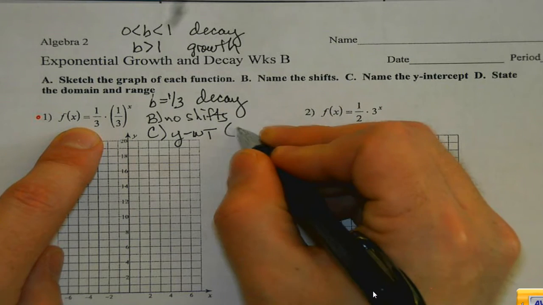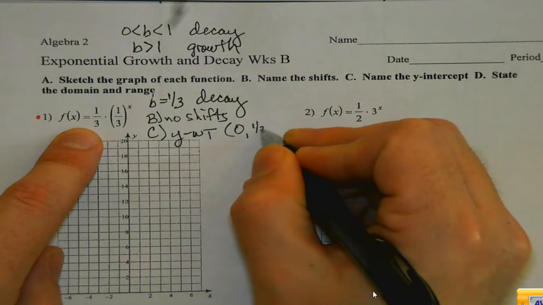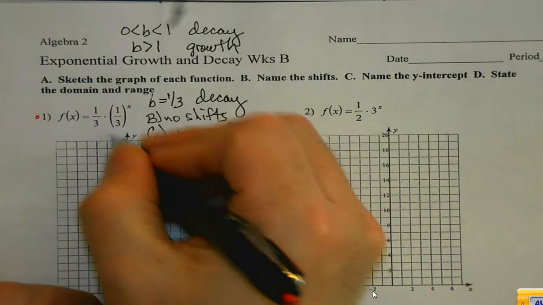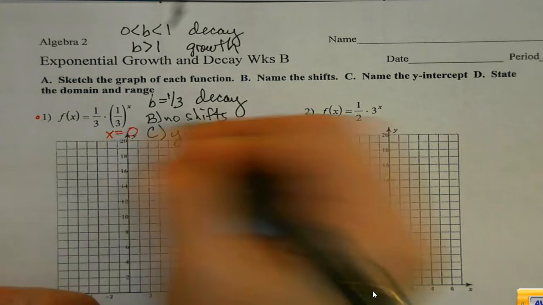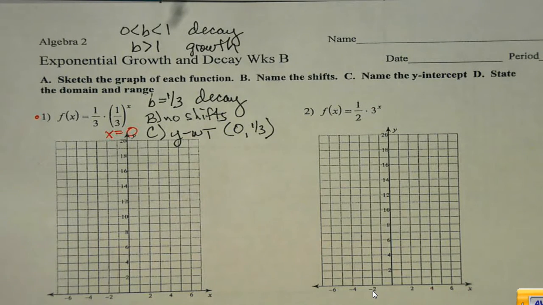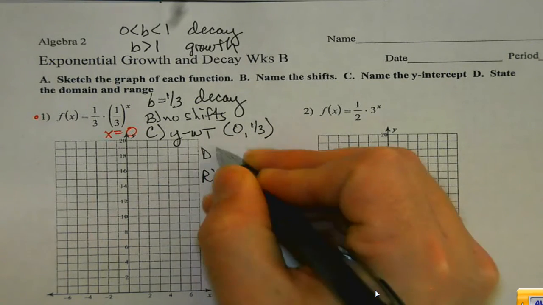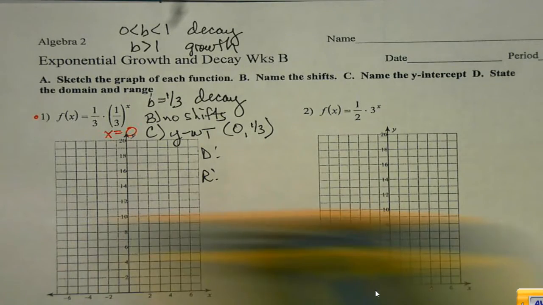So my y-intercept would be (0, 1/3), because anytime we're looking for a y-intercept, the x value is going to be 0. And once we pull it up on the calculator, I'll show you where you can find it there too. And domain and range we'll wait on for a second.